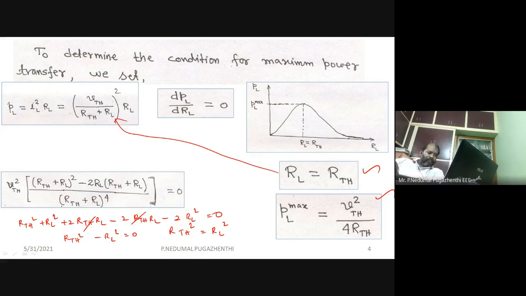Then I will get R Thevenin squared is equal to RL squared. If I take the square root on both sides, I will get RL is equal to R Thevenin. And if I substitute that in my power expression, I will say PL max is equal to V Thevenin squared divided by 4 into R Thevenin. Any doubts? In some cases, they may ask you to derive this for 4 marks.